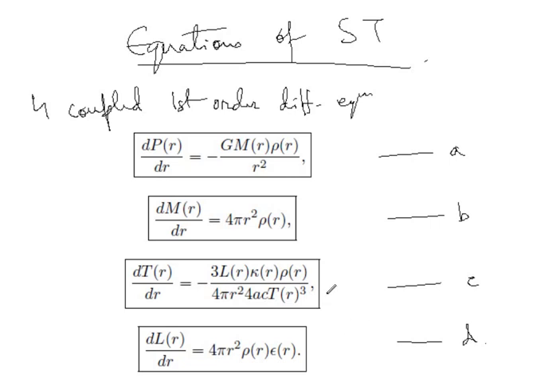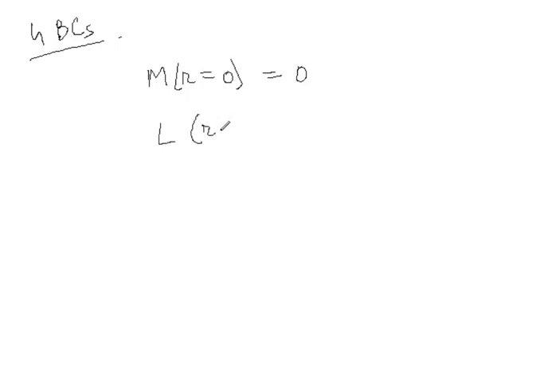So let me write it down. The first boundary condition: mass at r equal to 0 is 0. Of course there is no matter, that's why, right? Again, luminosity at r equal to 0. How much is this? Come on, there is no matter, so luminosity will be 0.